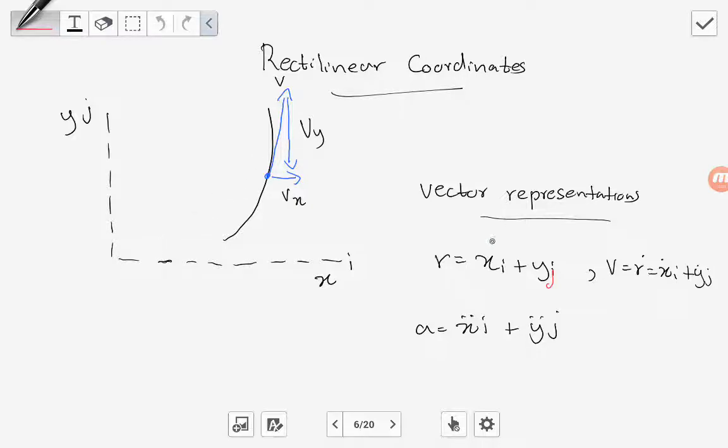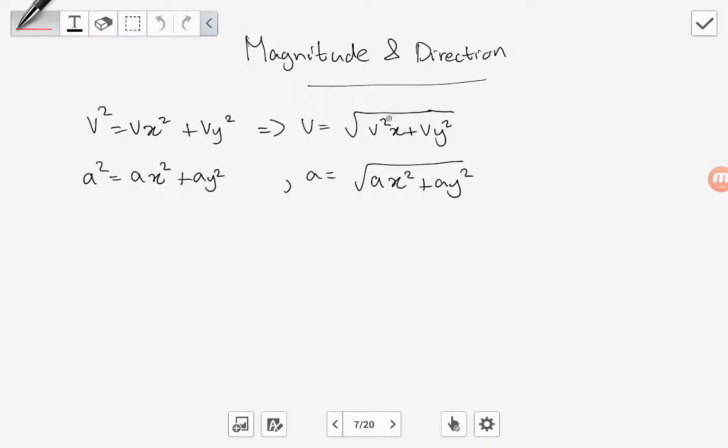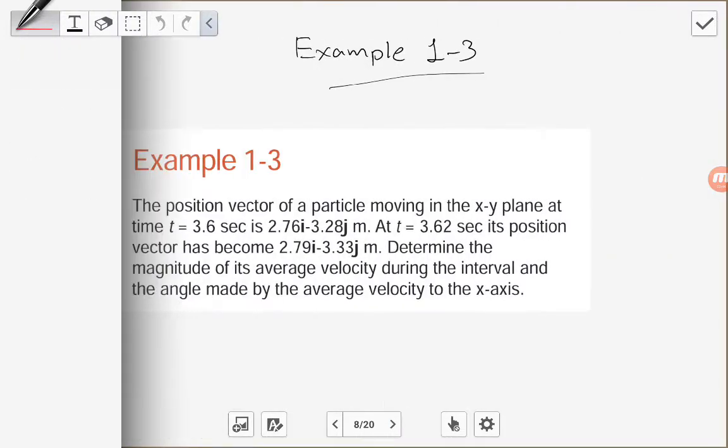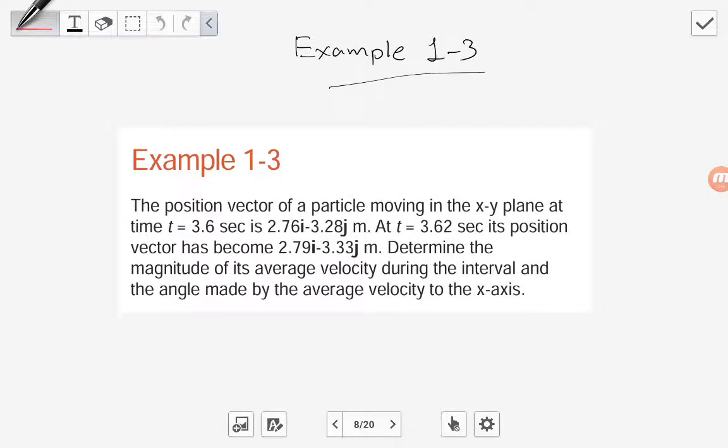You have to square each and then take the square root of the whole thing, as shown over here. And mainly the direction is found by an angle. And this is the next example, 1.3.